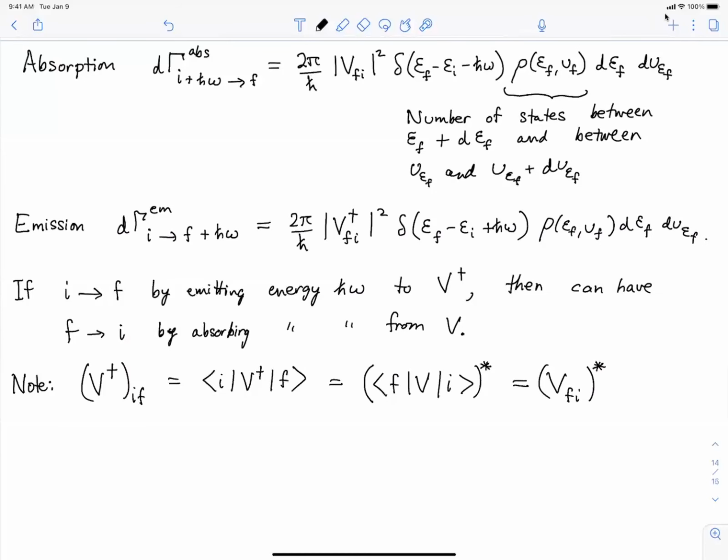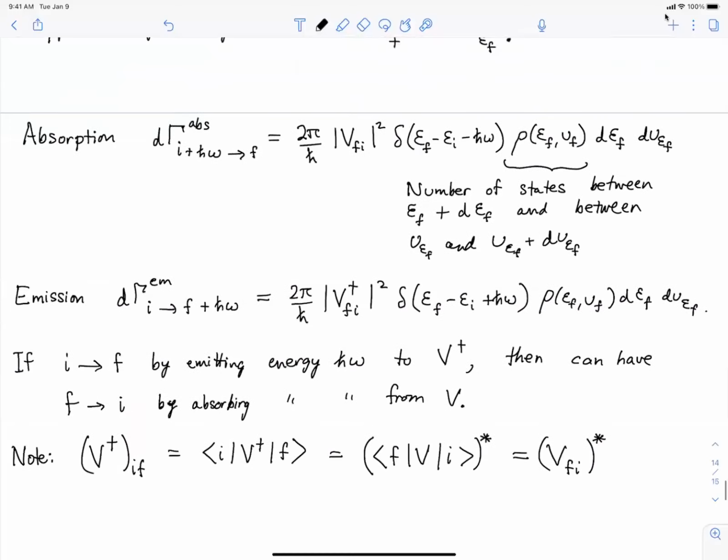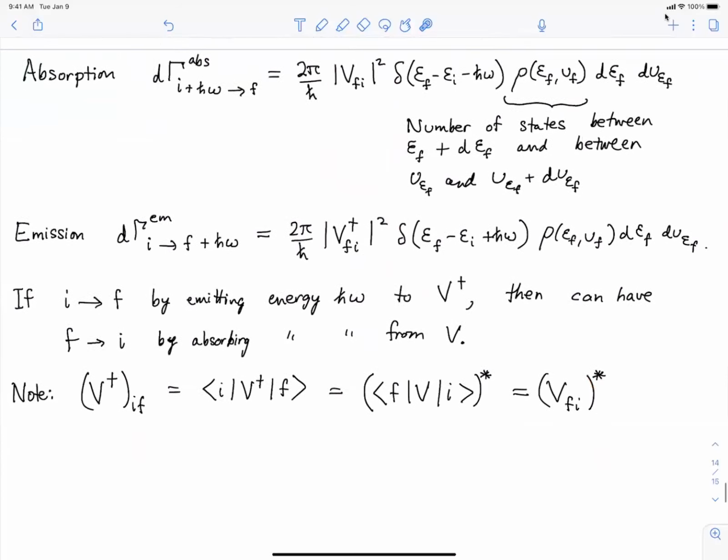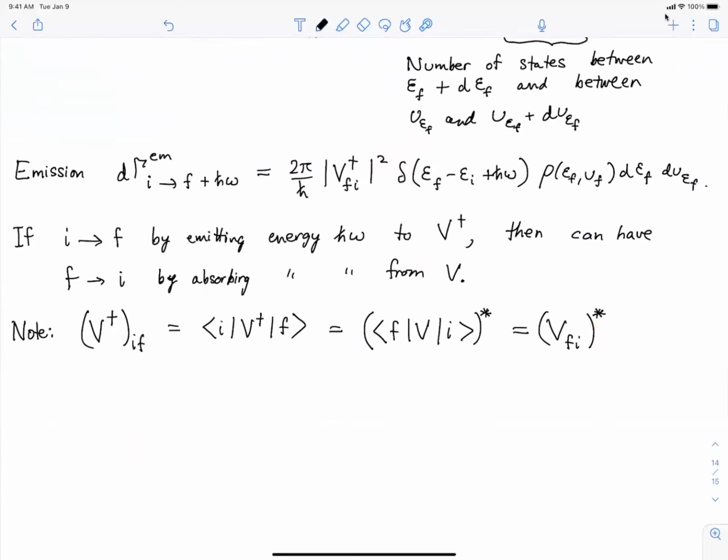And so the matrix elements are really the same for all practical purposes, because if we go back up here, we notice I'm taking the complex square of them anyway. So it doesn't matter that I have a complex conjugate sign there. The matrix elements are the same for the two processes.